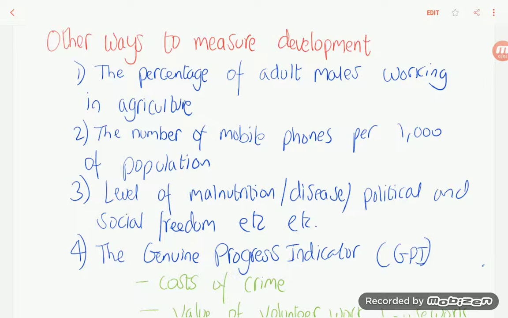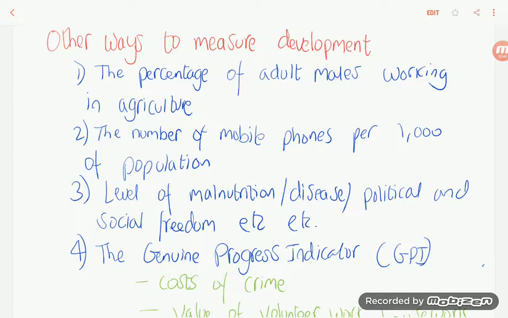As a result, countries with a higher percentage of the population working in agriculture generally have low levels of economic development. Second, another measure of development is the number of mobile phones per thousand of the population. Mobile phones improve communication and trading, which can lead to greater economic development. A larger number of mobile phones indicates that wages are high enough for people to afford to buy them.